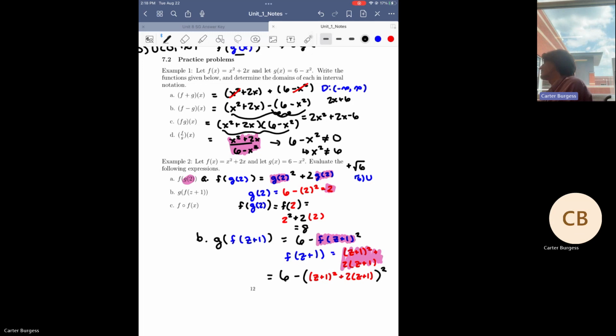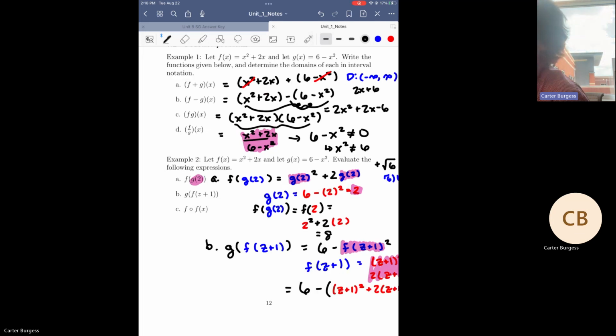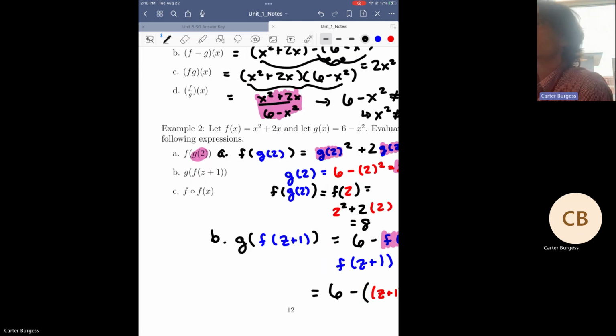One more then. This one's going to feel a little bit weird, but all we're going to do is follow what the notation tells us to do. In this case, we are looking at C here. This is using that operator, this open little bubble here.